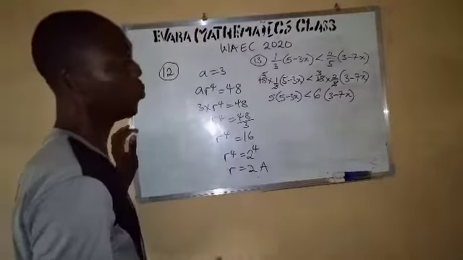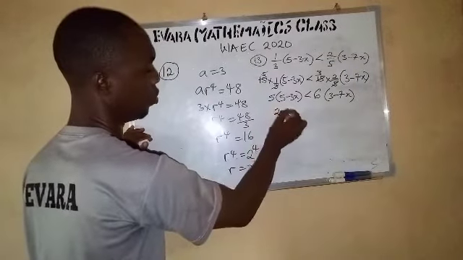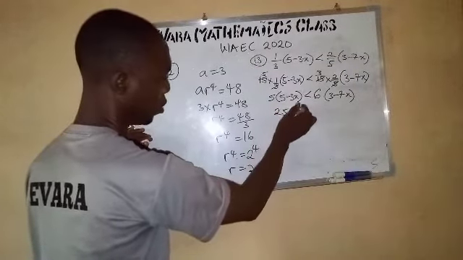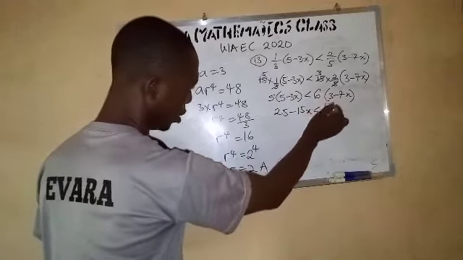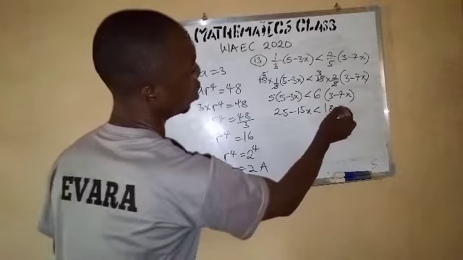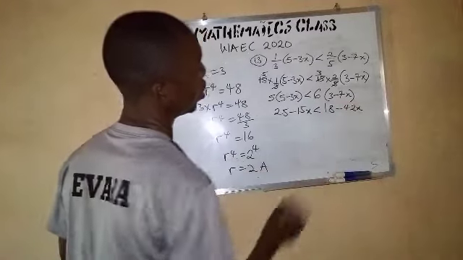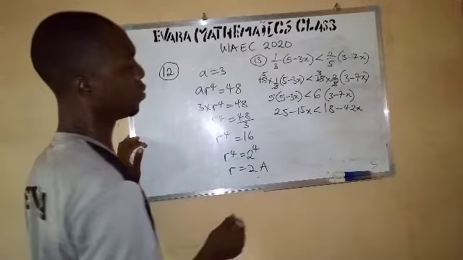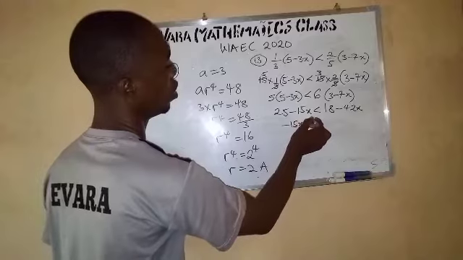So now we open the brackets and then we collect like terms. 5 times 5 is 25. 5 times 3 is 15. 6 times 3 is 18. And 6 times 7 is 42x. So now we collect like terms. This is minus 15x.